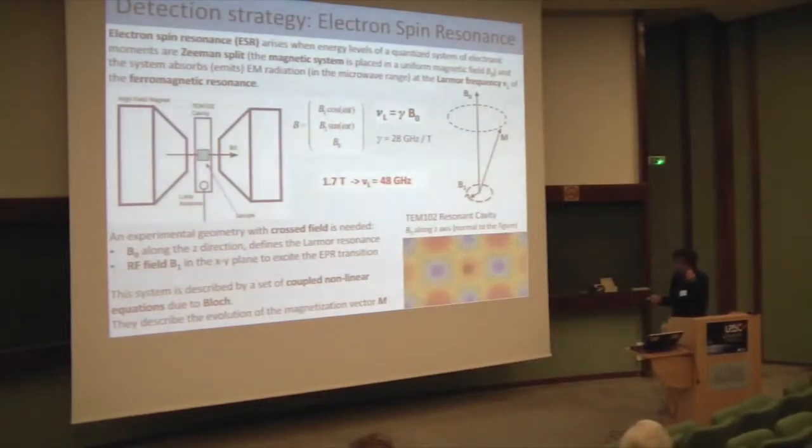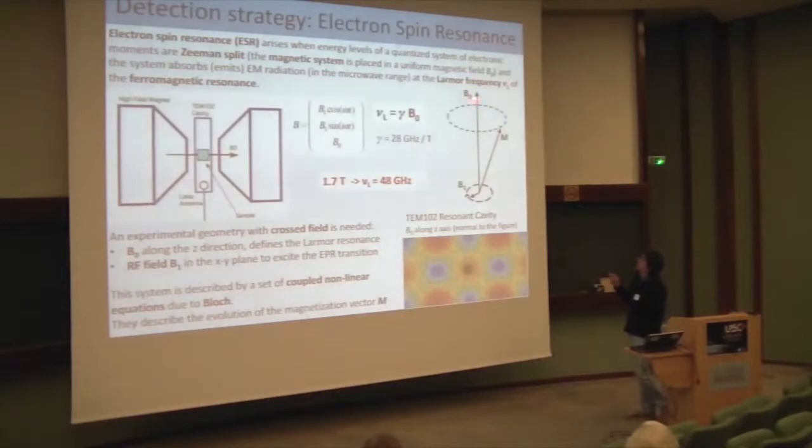As I told you, the basic principle is the same as electron spin resonance. So you have a material with unpaired electrons whose spins can be oriented through an external magnetic field.